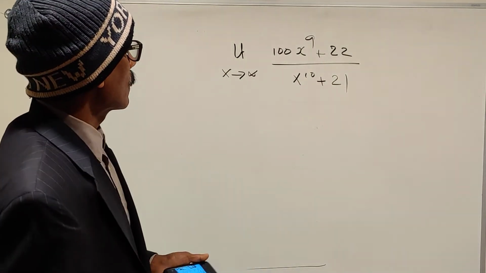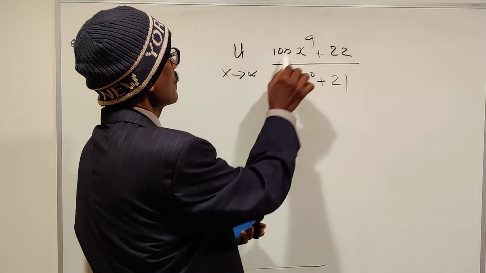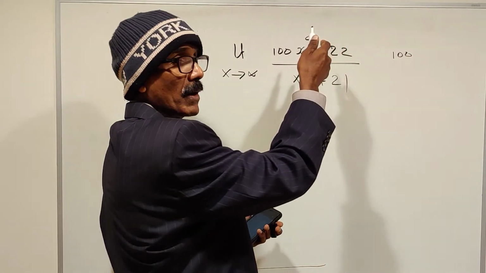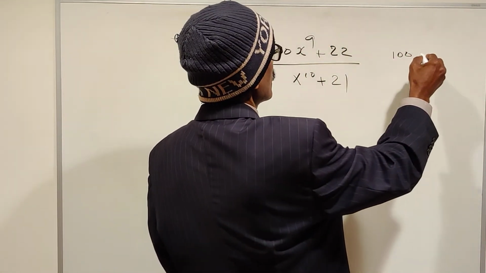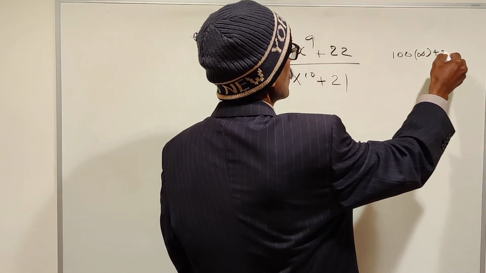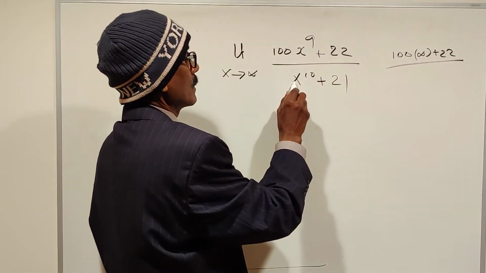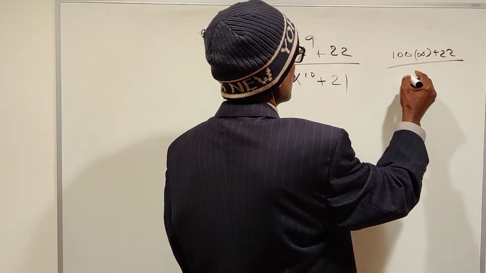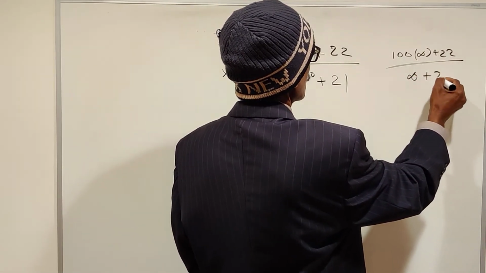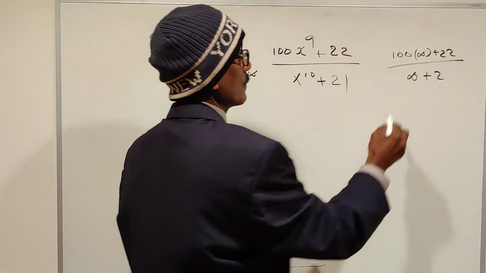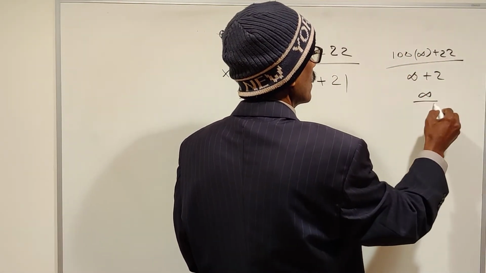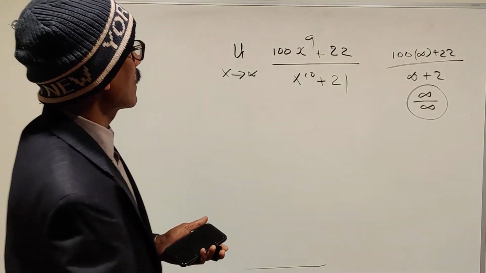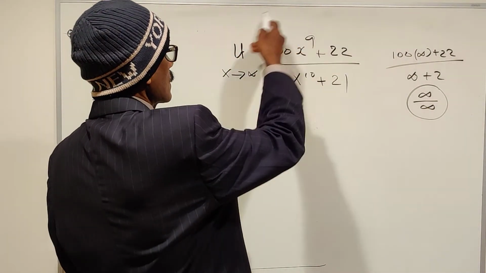So here also, first substitute the value of infinity here. 100 times infinity to the power 9 is infinite, plus 22, divided by infinite to the power 10, that is infinite, plus 21. So 100 times infinite is infinite plus 22, infinite divided by infinite. So it is an indeterminate form, so there is a limit value for this question.